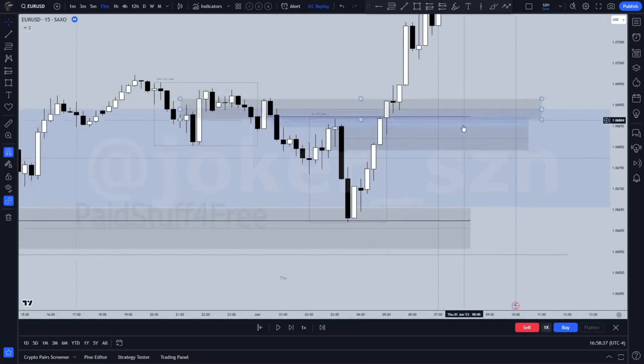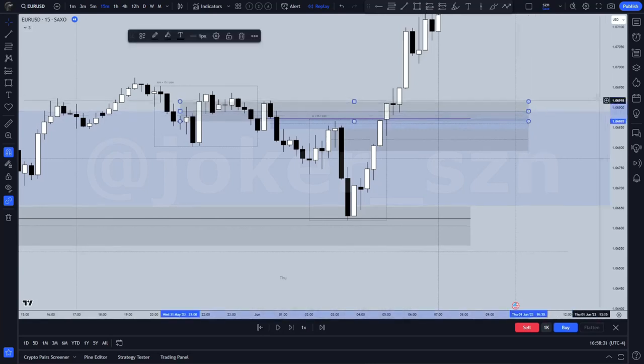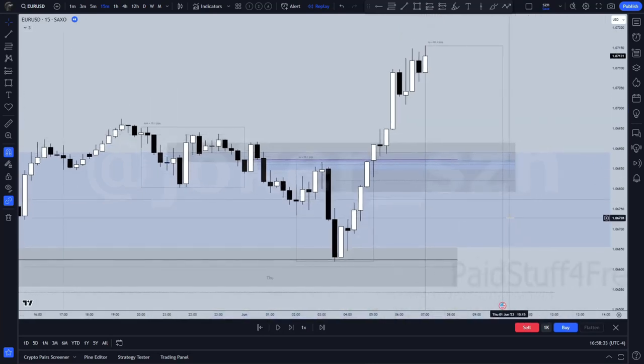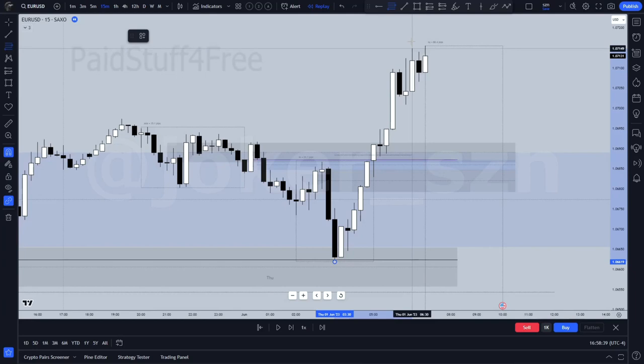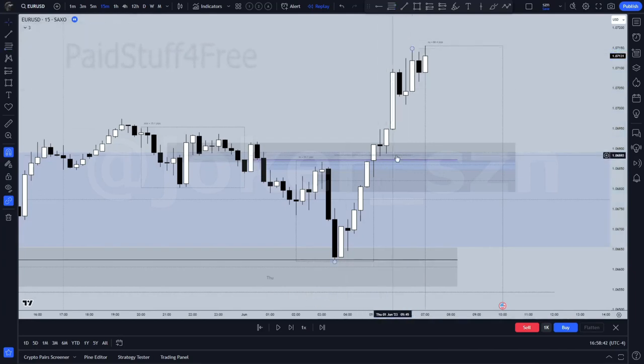So we have multiple PD arrays of confluence here which are aligning. And now you can also use the Fib tool to determine premium and discount. So we also have the discount right here aligning with those PD arrays, right?